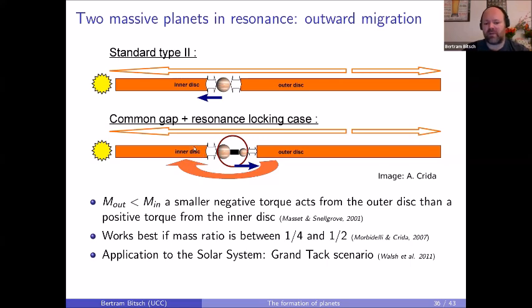This is caused by the fact that the inner disk will exert a torque on the inner planet that will start to move it outwards, while the outer disk will exert a torque onto the outer planet to push it in, but that is proportional to the masses. So if you have a mass ratio for Jupiter and Saturn of around 1/3, they can both move out again. And this can actually give an application to the solar system. It's the so-called Grand Tack scenario, where the tack comes from sailing, where you try to sail against the wind.